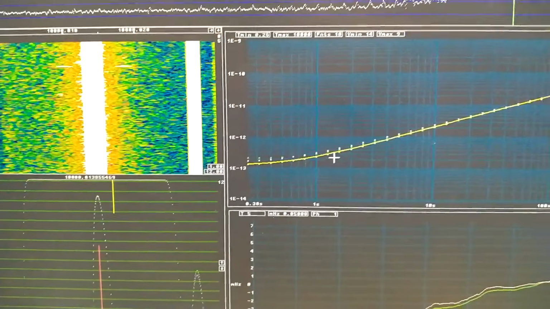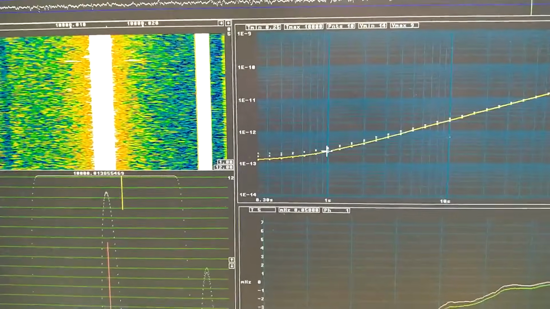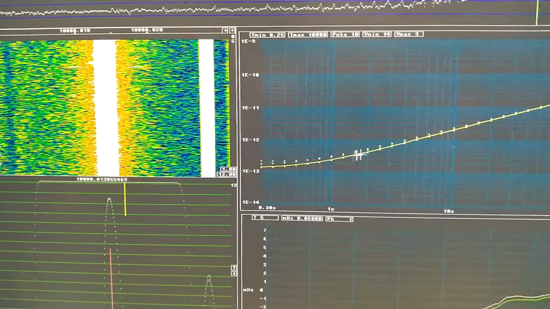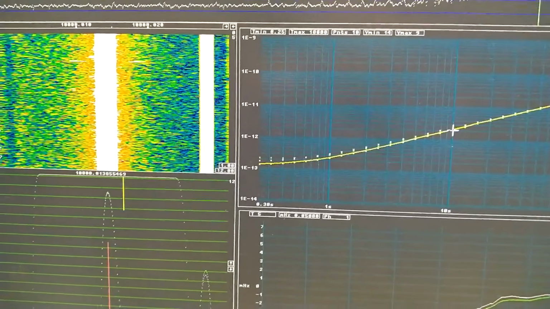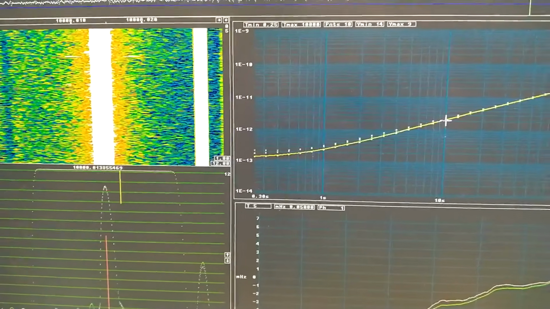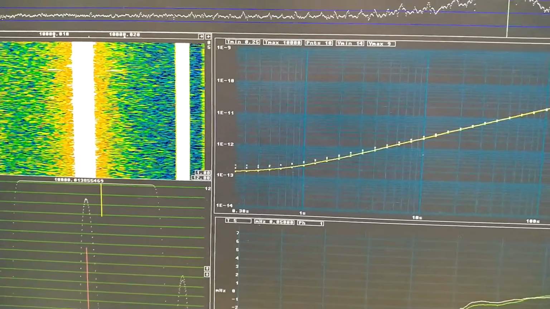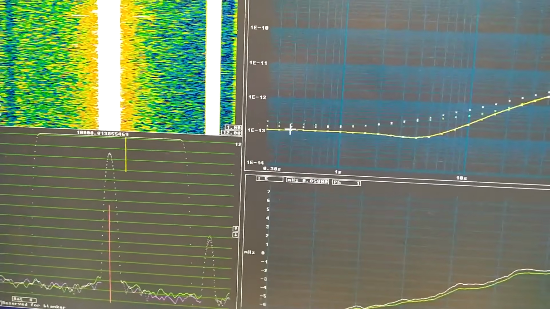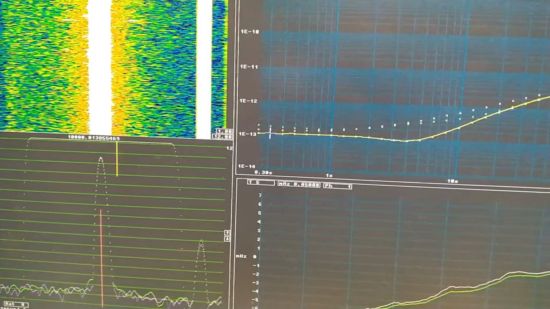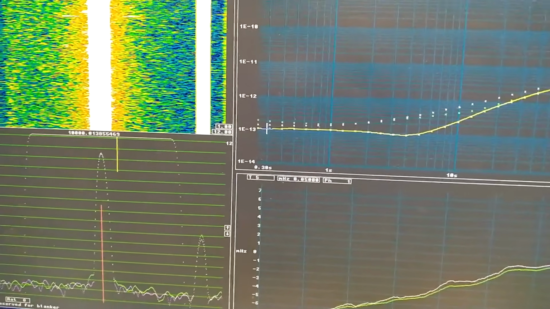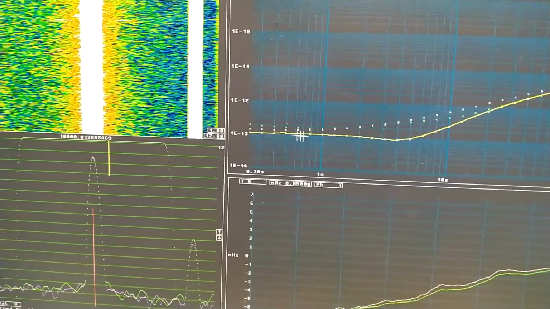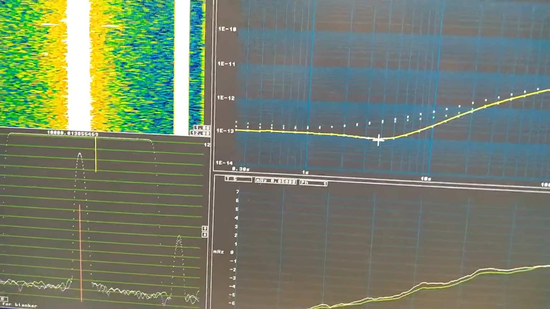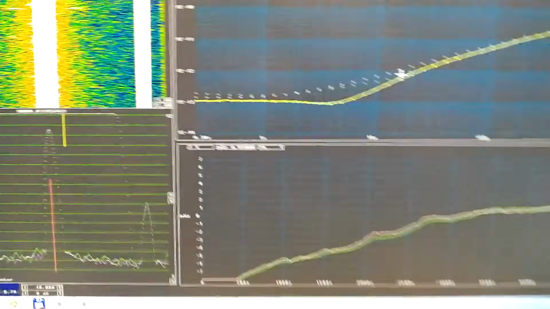The Allan deviation is about 2.2 times 10 to minus 13 at 1 second, and about 2 times 10 to minus 12 at 10 seconds. And the Hadamard deviation is flat at about 10 to minus 13 from 0.3 seconds all the way up to 2, 3, 4 seconds, and then it increases.